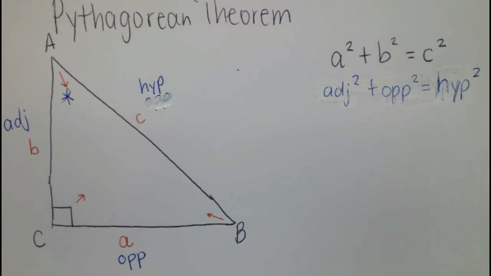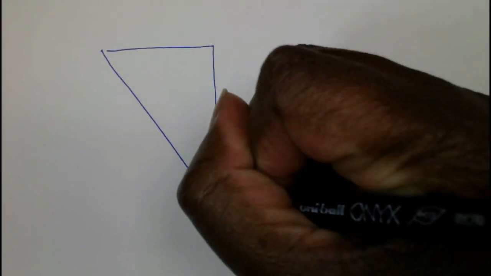All right, so let me set up a problem and we're going to look at how to solve it. Let me set up a triangle. I'll switch it up. We'll do maybe one or two.